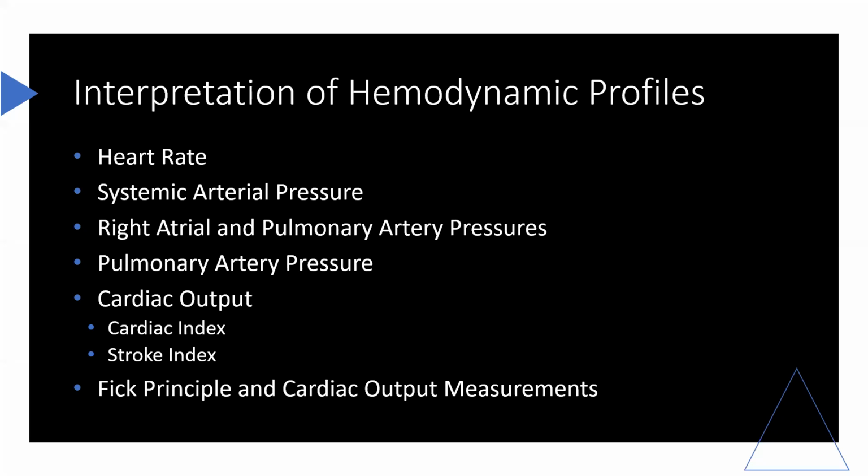The oxygen saturation of arterial blood, or SaO2, is normally 98%, and the arterial oxygen content, or CaO2, of a normal healthy individual is approximately 20 volumes percent, or 200 mLs per liter of whole blood. The mixed venous oxygen saturation is normally about 75%, and the mixed venous oxygen content is about 15 volumes percent.